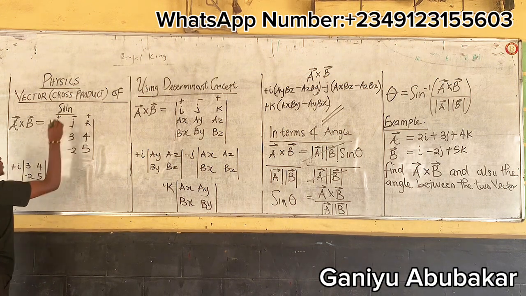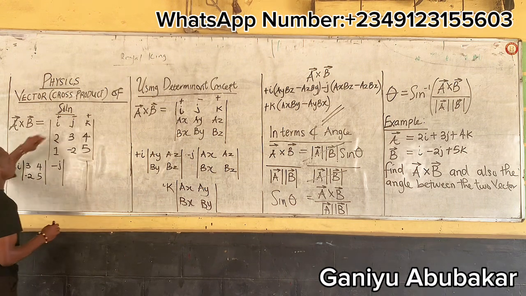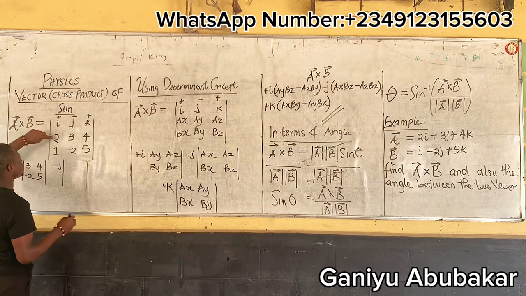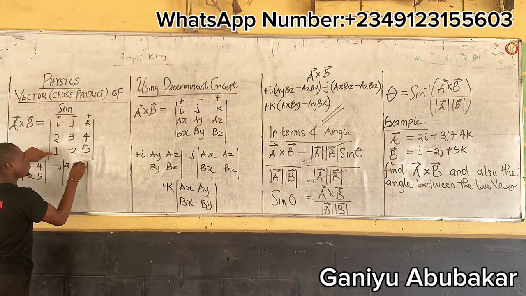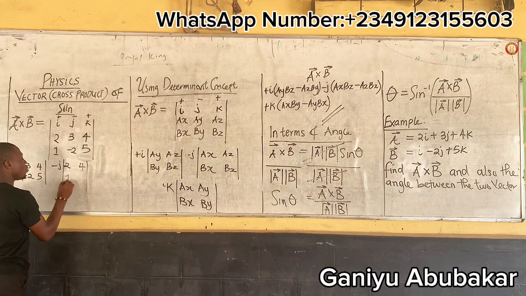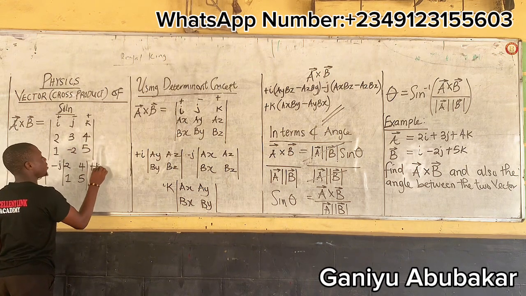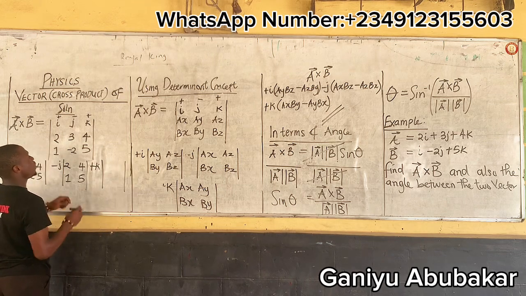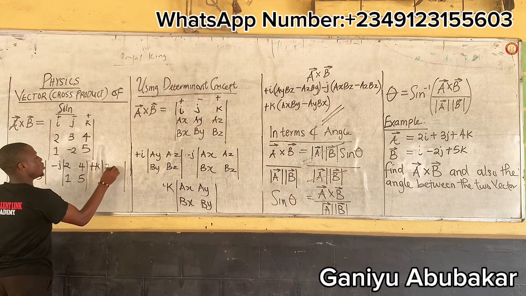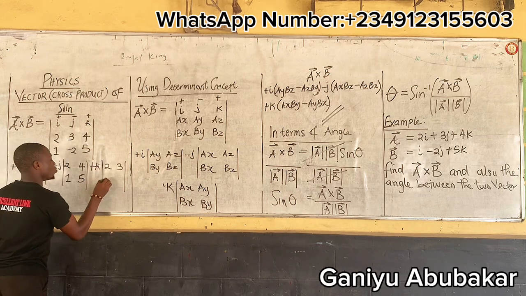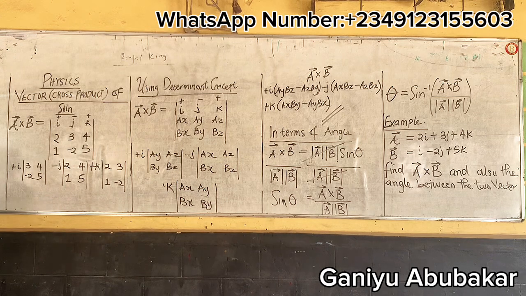Next, minus j. If I cover this row and column, I'll have 2, 4, 1, 5 left. Finally, plus k. Covering this row and column, I have 2, 3, 1 and minus 2. Are we done? Not yet.